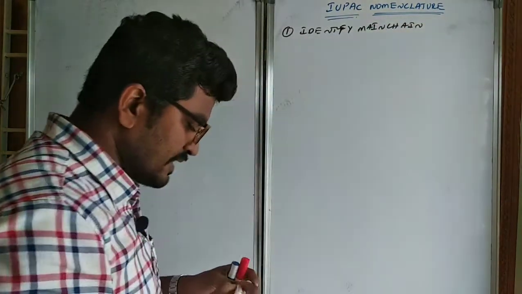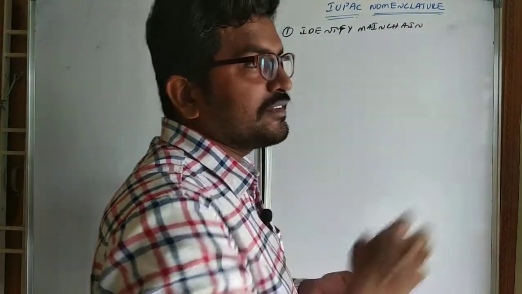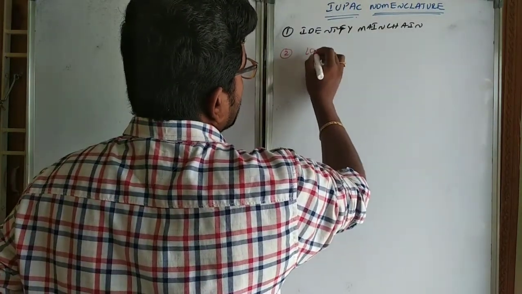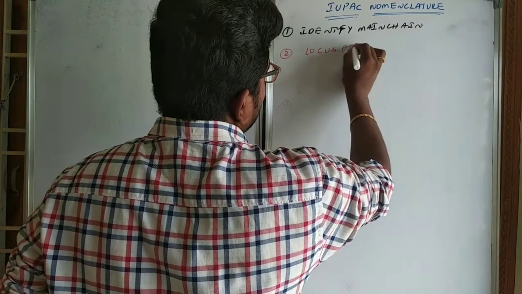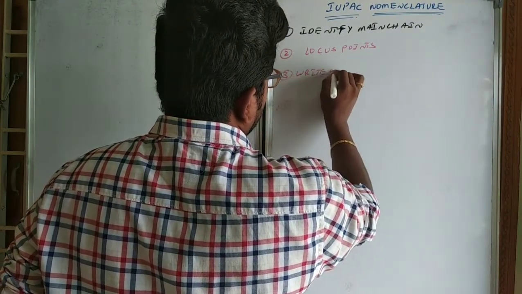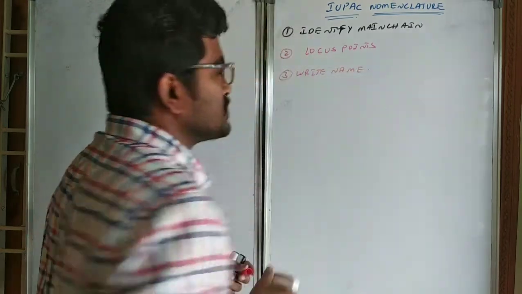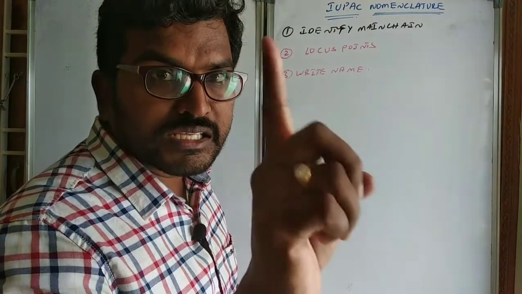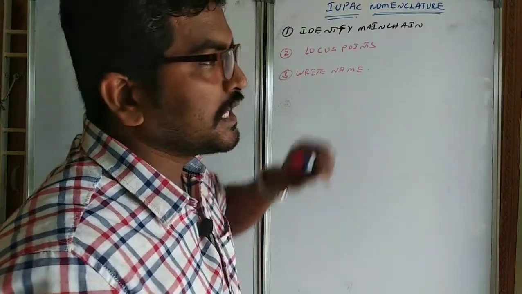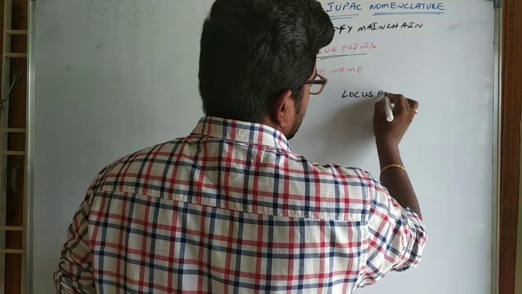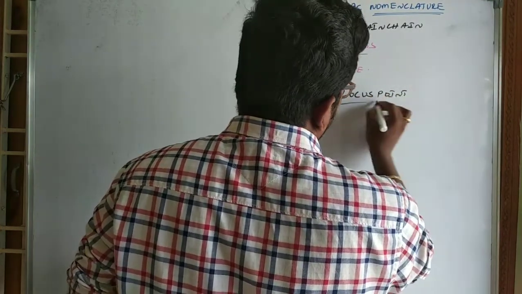So we have identified the main chain and the functional groups and all. And the second one is locus points, to get the right name. So these are the main things. I have given guidelines for the main chain in part 1. Now let us see the locus points. What is a locus point and how to give numbering for this one.